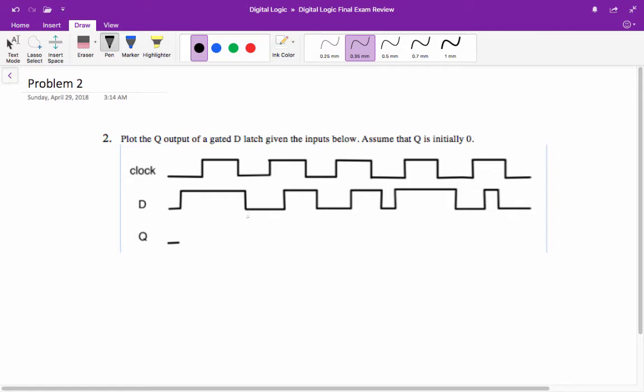If you go back to problem 1, I talk about the different kinds of latches and flip-flops. A gated latch means that it can change when the clock is 1, but it doesn't change when the clock is 0. So what I like to do with these kinds of problems is to draw vertical lines that show me when the clock changes, so that I can see when the output changes.